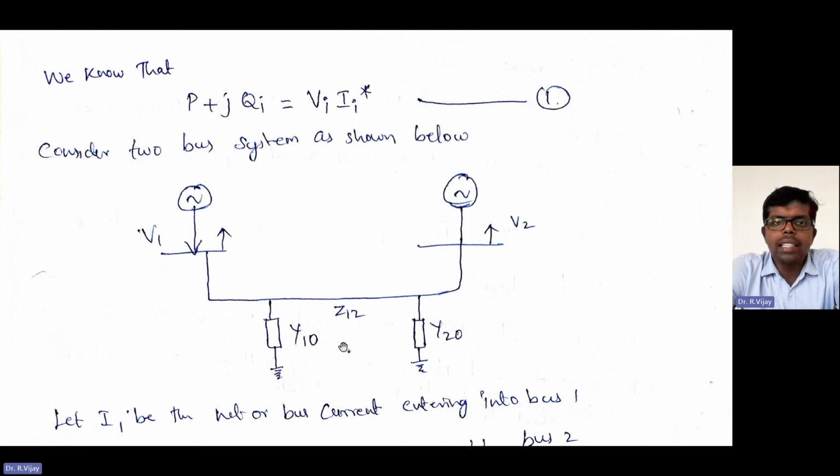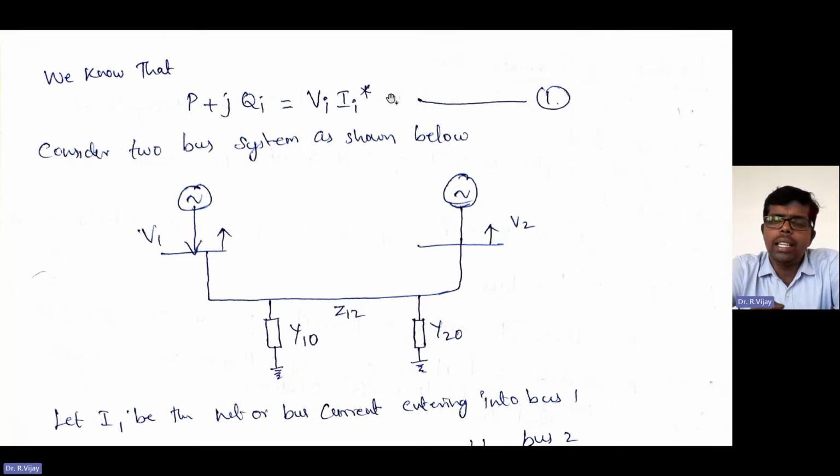Next, we know that PI plus j into QI is equal to VI into II star. So II star carries the phase angle, and that phase angle will be negative, that is, delta I will be negative. So take this as equation number 1. Why is it negative?